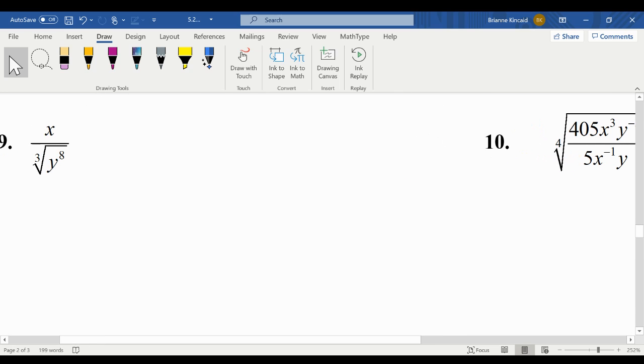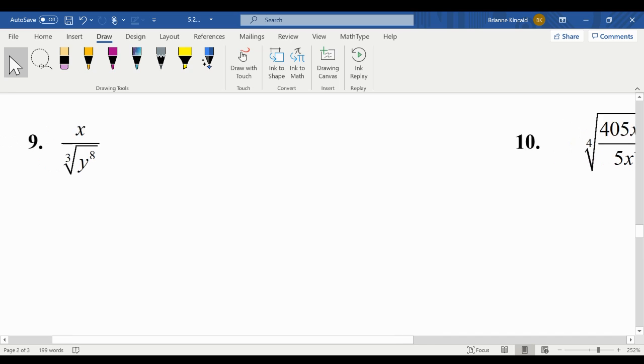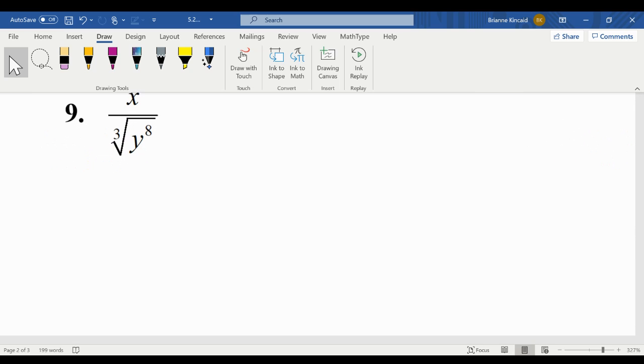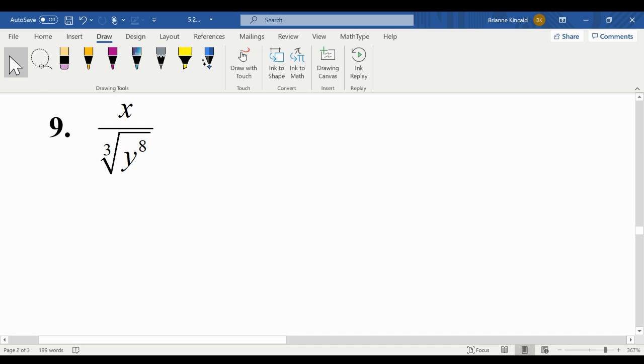Now, something like number 9. A huge red flag is that we have a radical in our denominator. The other issue is that 3 does not go perfectly into 8.